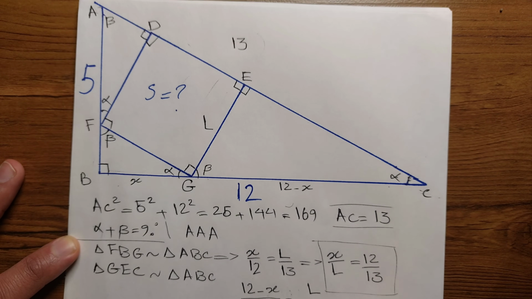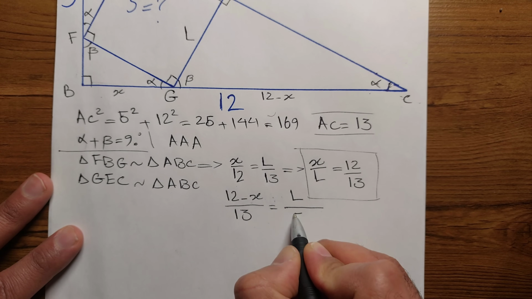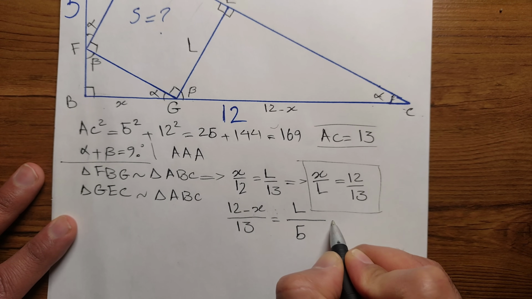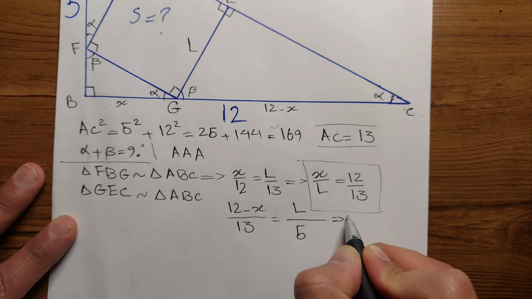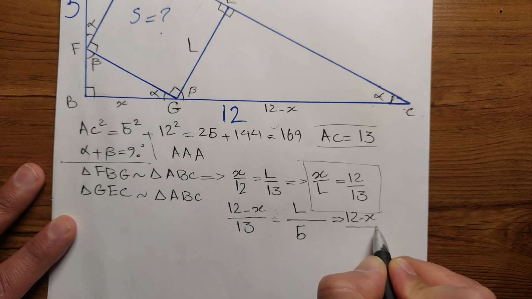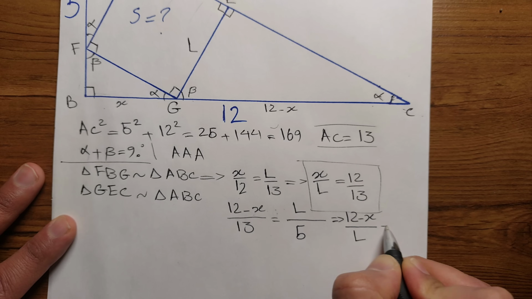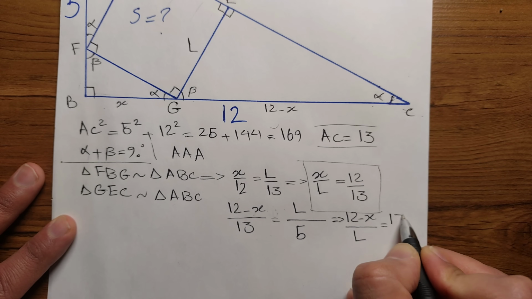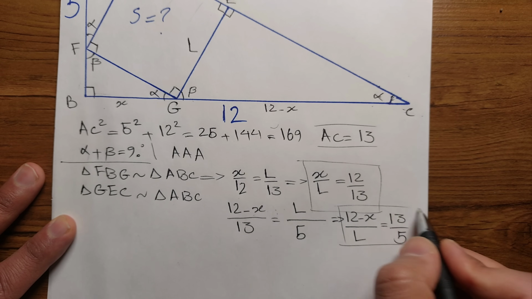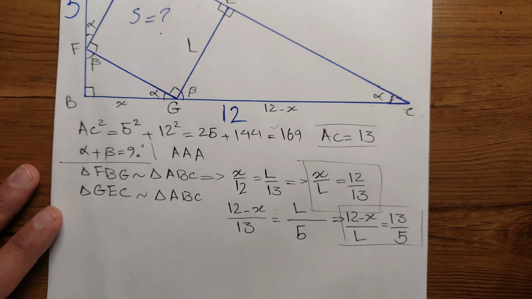So L over 5. In other words, you can say 12 minus x over L equals 13 over 5. So that's another relationship that we reached.